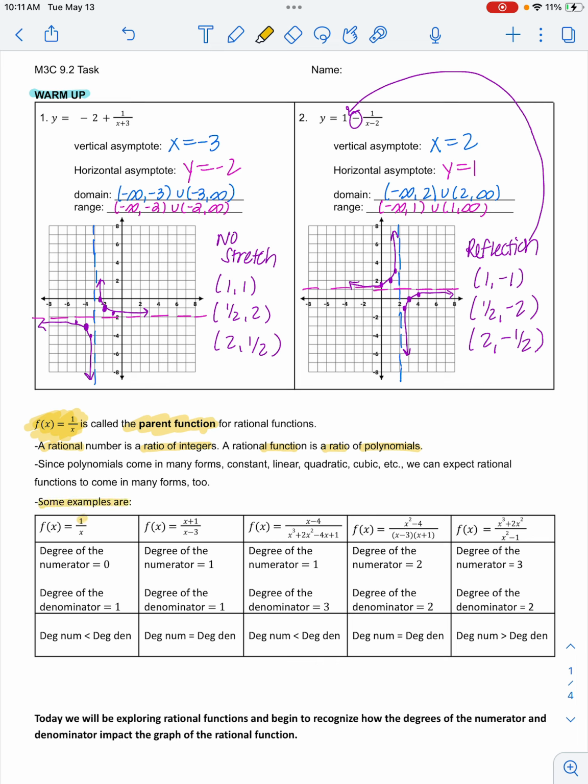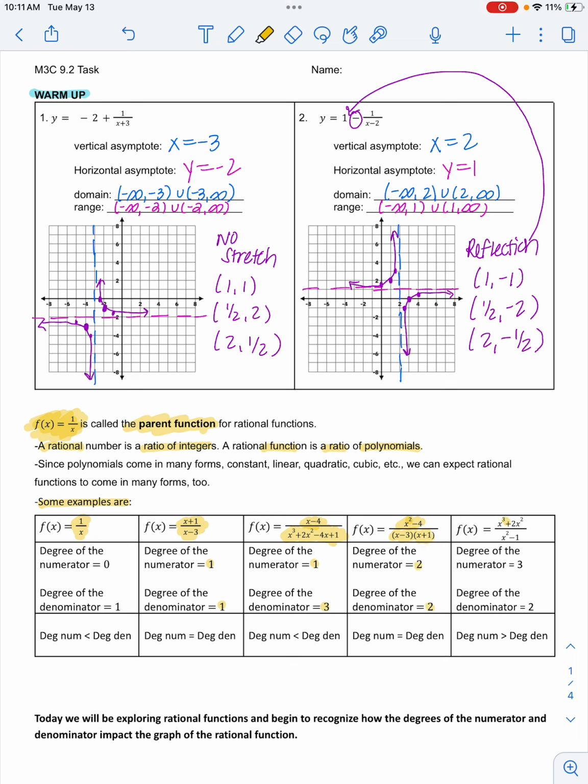So we have the typical 1 over x. But then in the numerator, since it is a ratio of polynomials, you can start having polynomials in the numerator and the denominator. Okay, both of these have degree 1. Then we have an example where we have a polynomial x minus 4 with degree 1 in the numerator, and then a polynomial with an x degree of 3 in the denominator. Sometimes we can have 2 and 2.